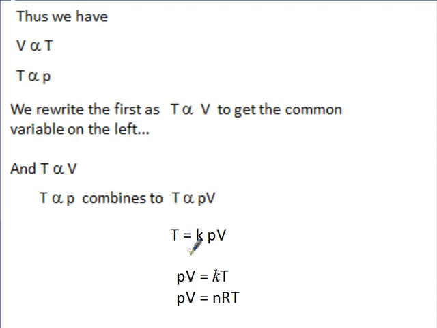As an equation, I introduce a constant of proportionality. I then move that constant of proportionality over to the other side, and I replace the constant of proportionality by the number of moles and the universal gas constant, I think it's called. But you ought to recognize that. There is the universal gas law.